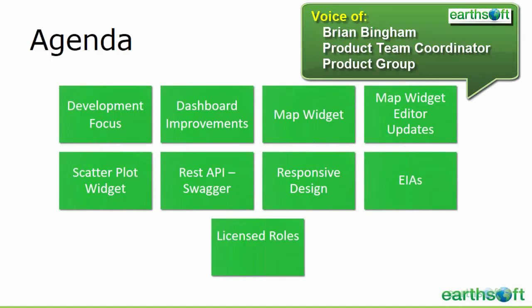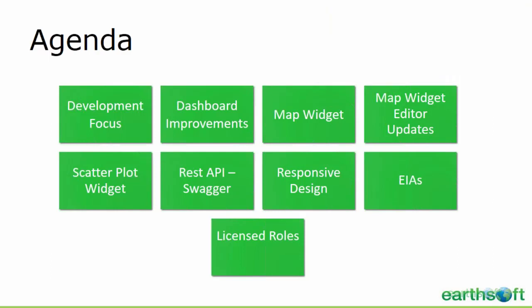This is Brian Bingham, product team coordinator for Enterprise, and yeah, that's an open case. We're not going to have a fix for the sort in 7.0, but it's in the pipeline to be fixed and improved for a subsequent release.